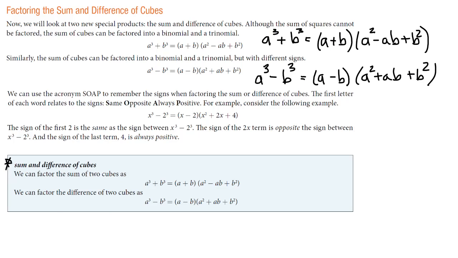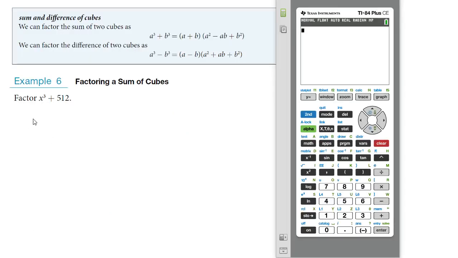Let's do an example. In example 6, I'm asked to factor x cubed plus 512. So I need to know what is the cube root of 512. I'm going to use my calculator. So math, I'm going to choose number 4 here and input 512. Let's get out from under that root symbol, and that's 8.